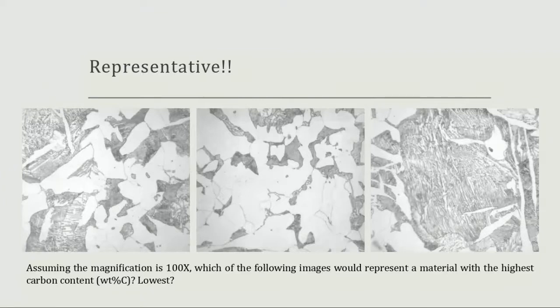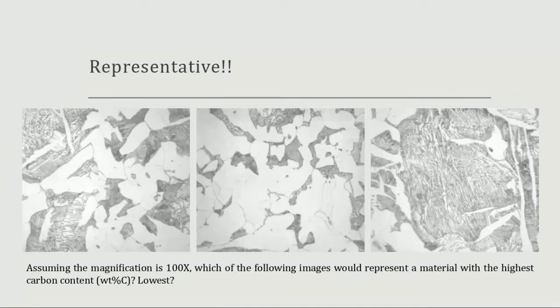So what do I mean by representative? These bottom three images, and this is something else I also want you to address in your weekly summary, which of the following images would represent a material with the highest carbon content, and which one has the lowest carbon content?